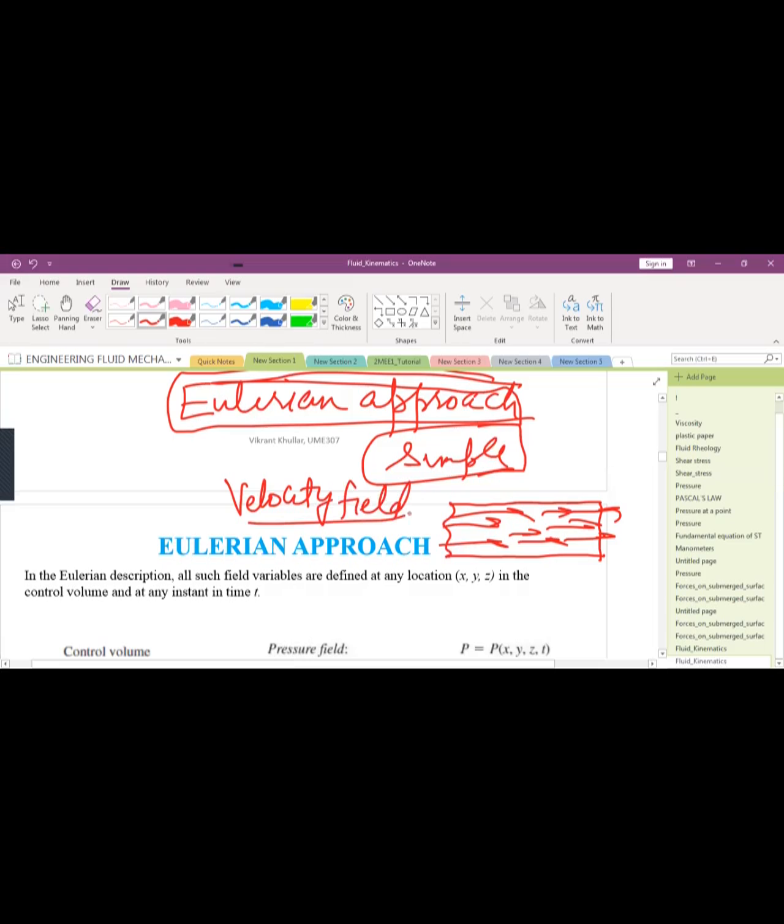Velocity field क्या होगी? What do you mean by velocity field? V vector in x, y, z and t. So if you can define at every point what is the velocity, that is the velocity field in this region. Any clear है? This is called velocity field.